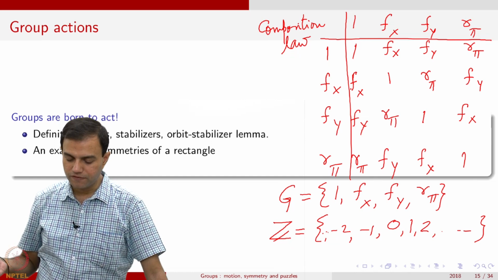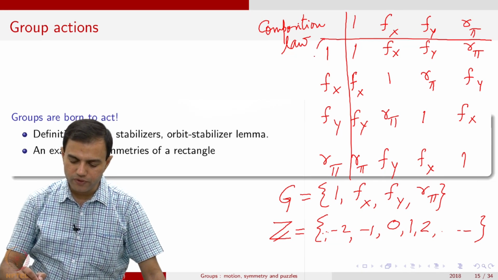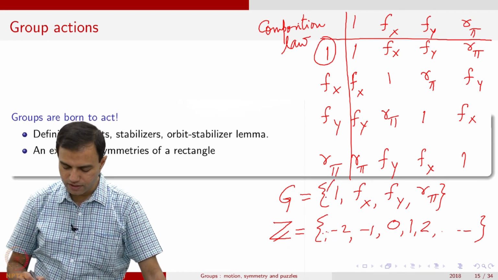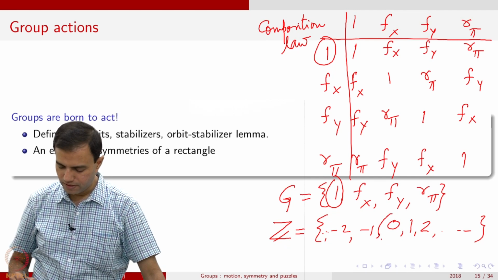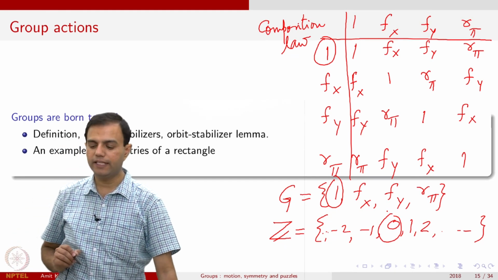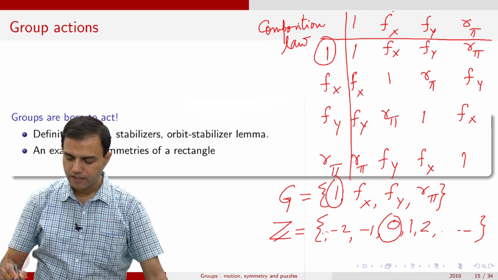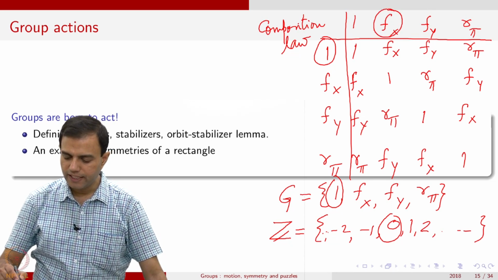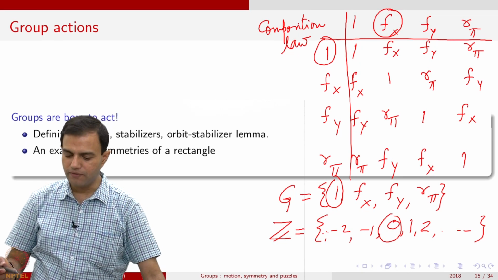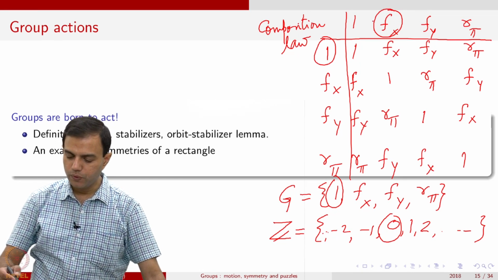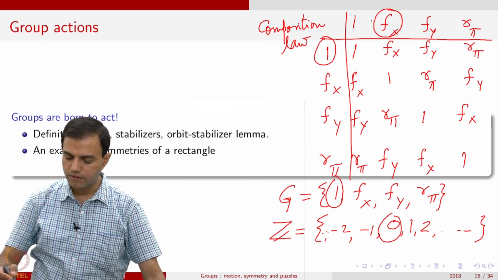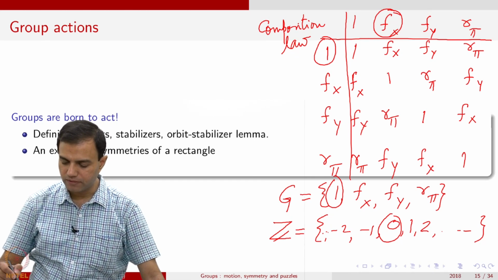What are the properties of this composition law? There is a neutral element which does not do anything. And then for every symmetry, there is an inverse symmetry. What is inverse symmetry? You do this and after that you do something so that you have 1.